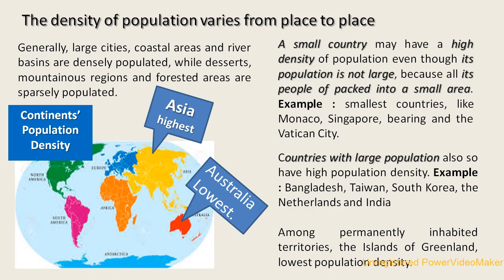Countries like Bangladesh, Taiwan, South Korea and the Netherlands also have large population density. But among the permanently inhabited territories, the island of Greenland is noted with the lowest population density.